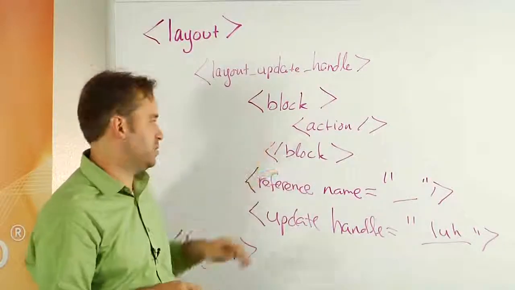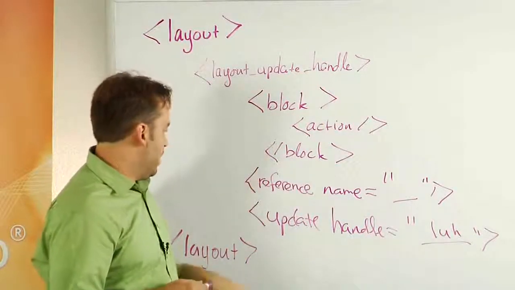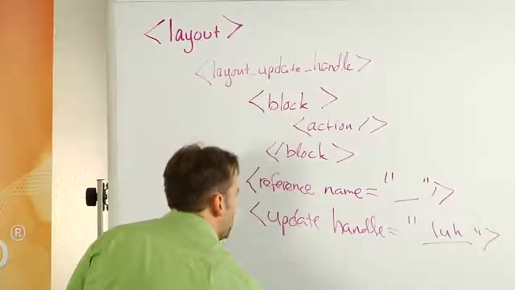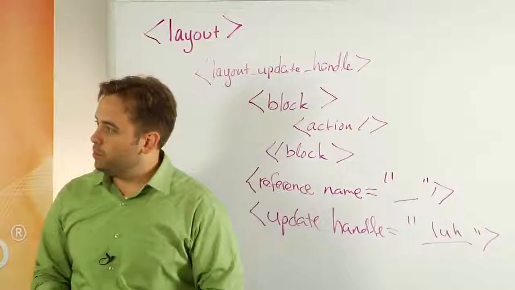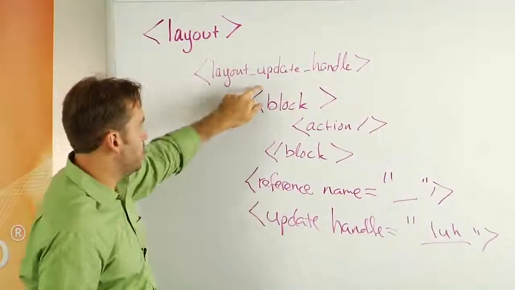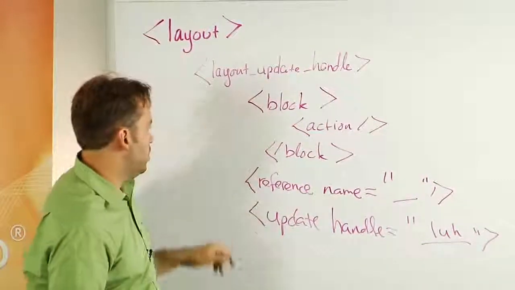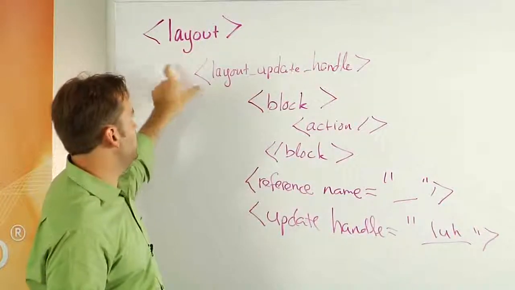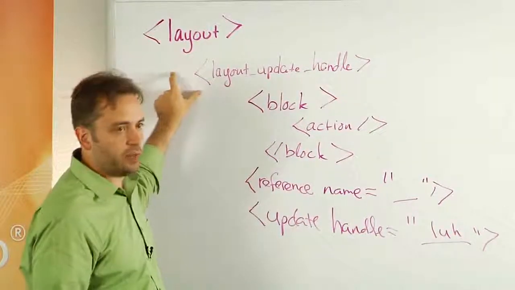We'll be getting practical with this. And then there's also the remove. Remove will go directly under a layout update handle as well. So the thing to remember is the only thing that you'll find directly under layout are layout update handles.